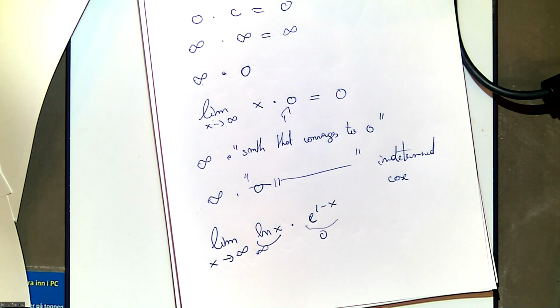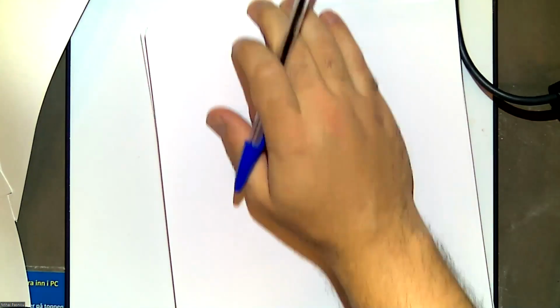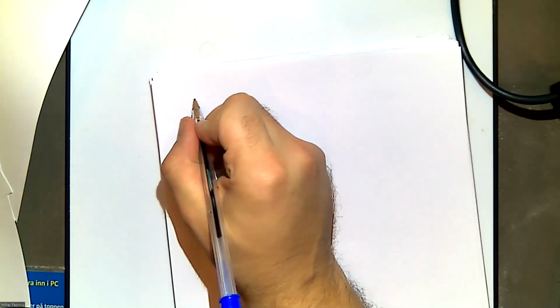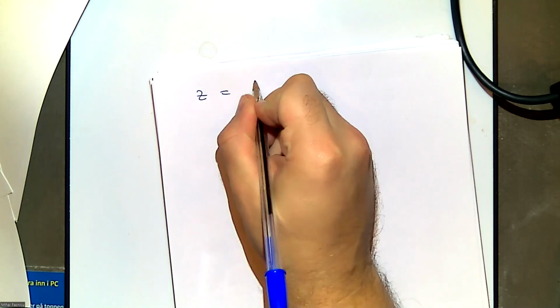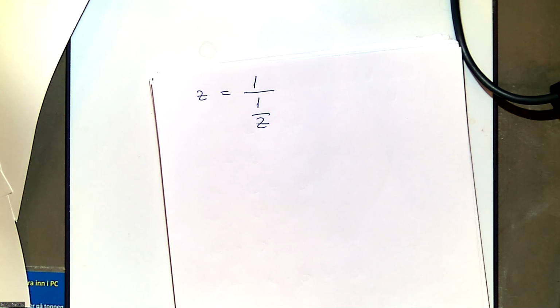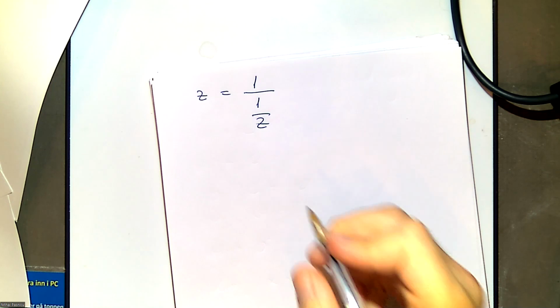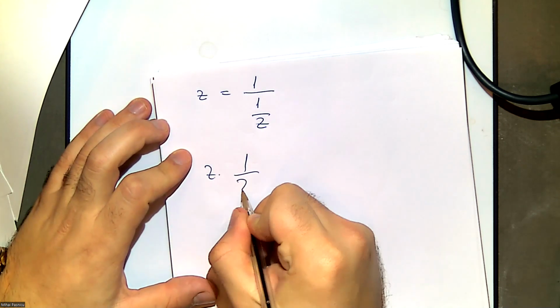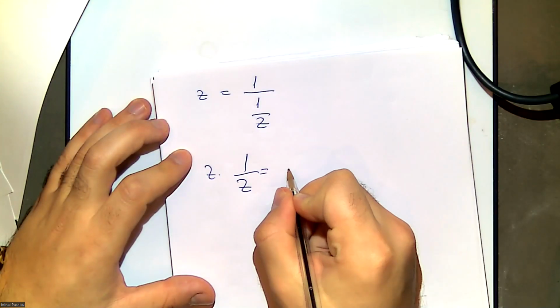Whenever you find a multiplication that's an indeterminate case, you have to get into a fraction form. The way I'm thinking is, for any number in the world, z is equal to z times 1 over z. Everyone on board with that? This is a trick that you're actually going to need, and it's quite spread out in this class.